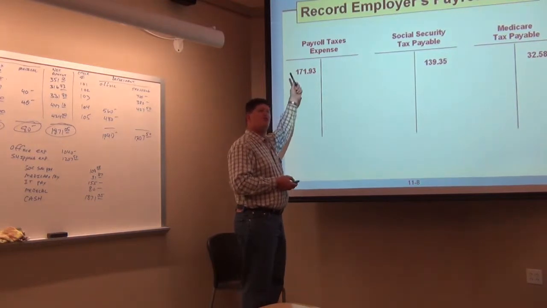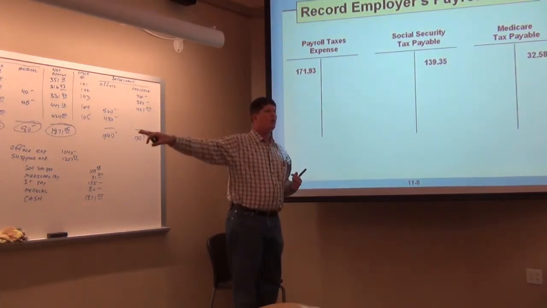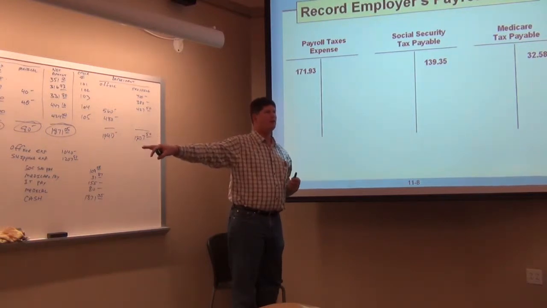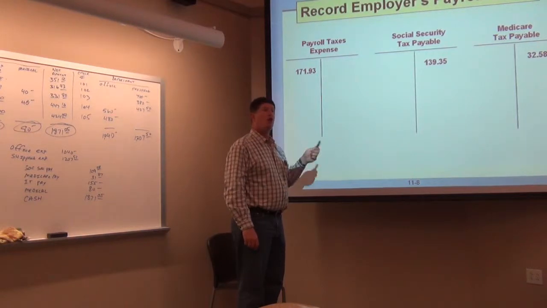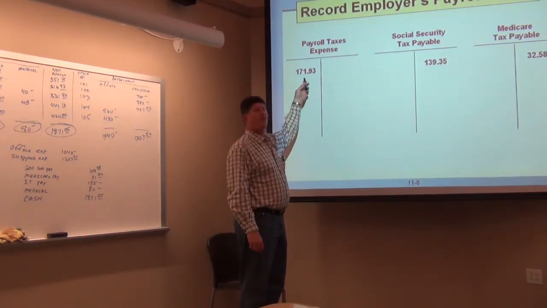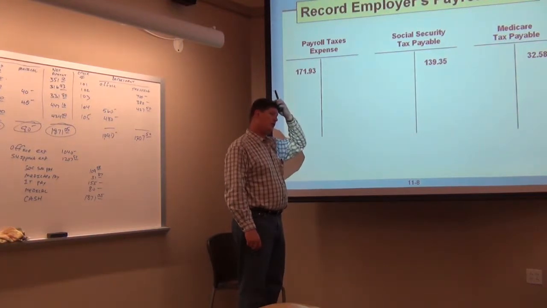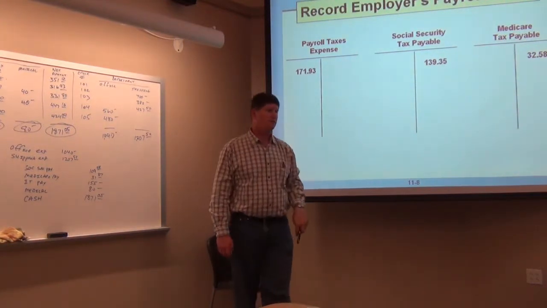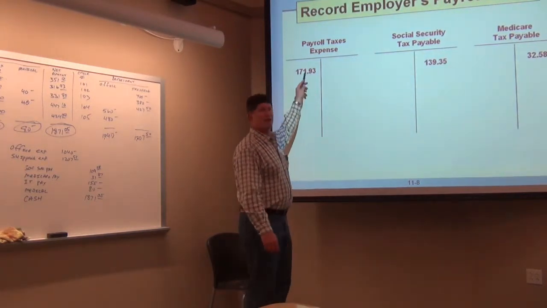Now here's the first time we've seen the payroll tax expense. When we recorded the wages that we have to pay from the payroll register, did we have a payroll tax expense account? No. It's only for the employer's part of it. Okay? Questions on that? Only the employer part, right? Only the employer's part goes in payroll tax expense.